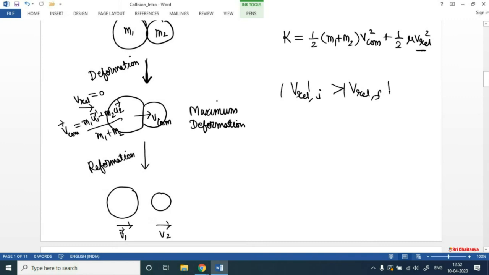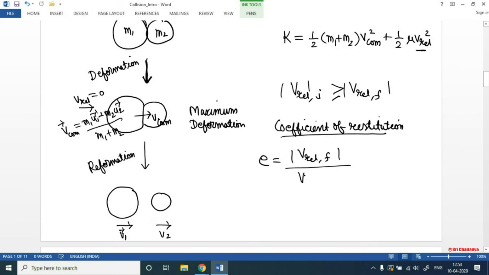So this term enables us to define one more physical quantity that is known as the coefficient of restitution. It would be defined as e is equal to the relative velocity of the colliding bodies after the collision divided by the relative velocity of the colliding bodies before the collision.